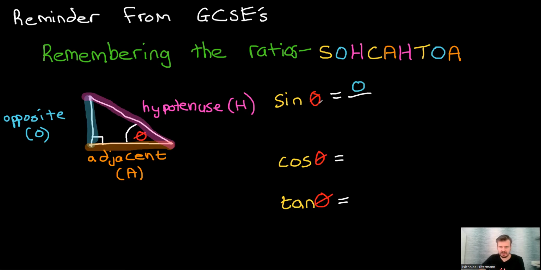So these three colors here, the red, blue, and pink, are the formulas that you kind of remember. And there's always three things, right? You have the angle and then two of the sides.